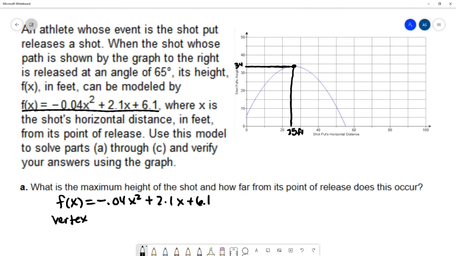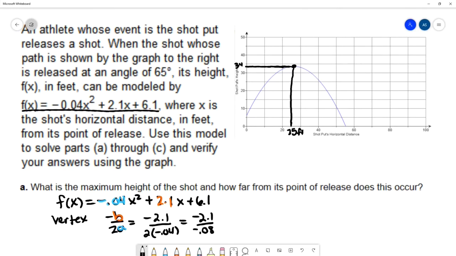The vertex formula will be negative b over 2a. So b is 2.1, so we'll do negative 2.1 over 2 times a, and a is negative 0.04. So 2 times negative 0.04 is negative 0.08, and that's negative 2.1 over negative 0.08.